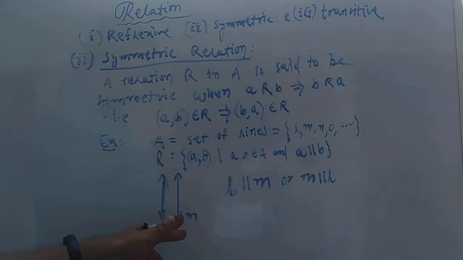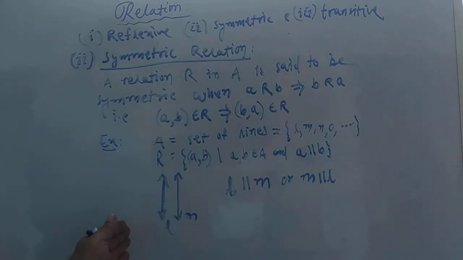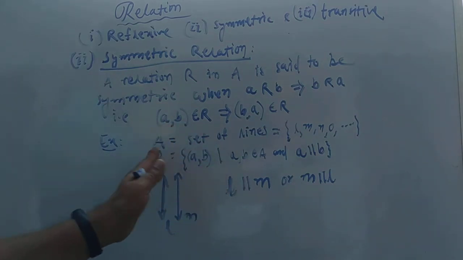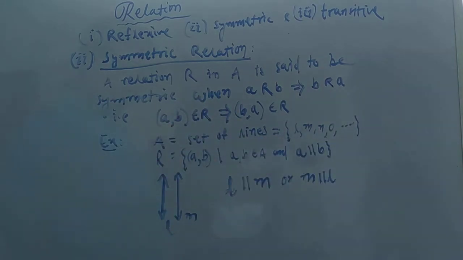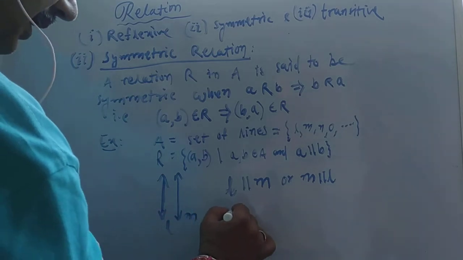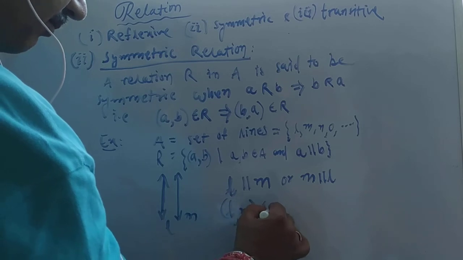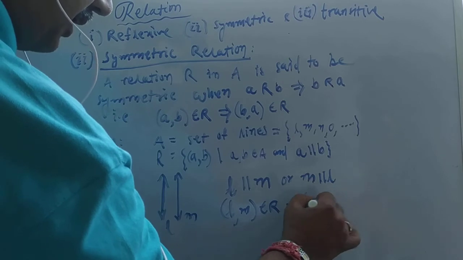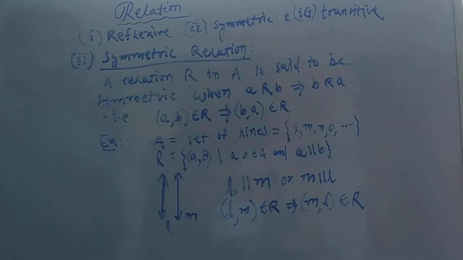If L is parallel to M, okay, we can say that M is also parallel to L. So (L, M) belongs to R implies (M, L) also belongs to R. Okay, so it is a symmetric relation.